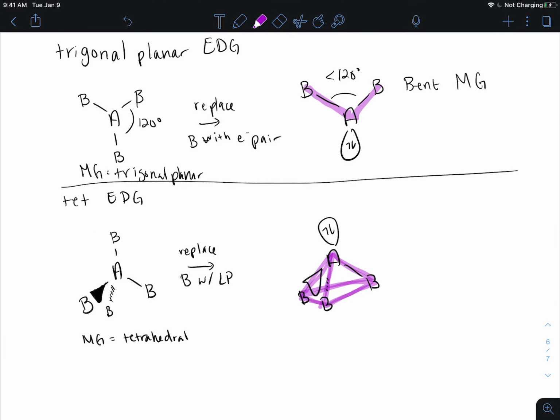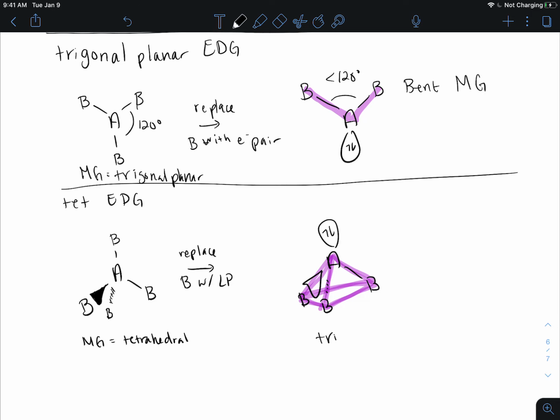Just looking at the atoms, ignoring that lone pair, we are going to have a trigonal pyramidal molecular geometry.